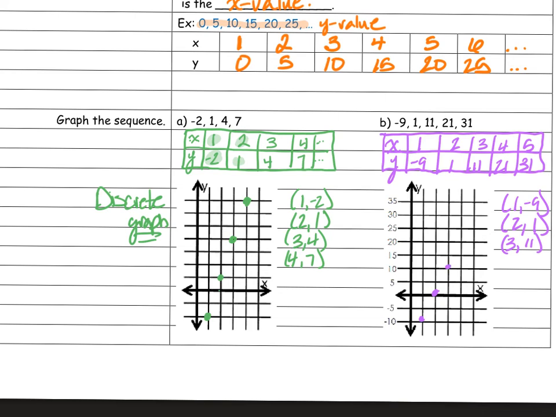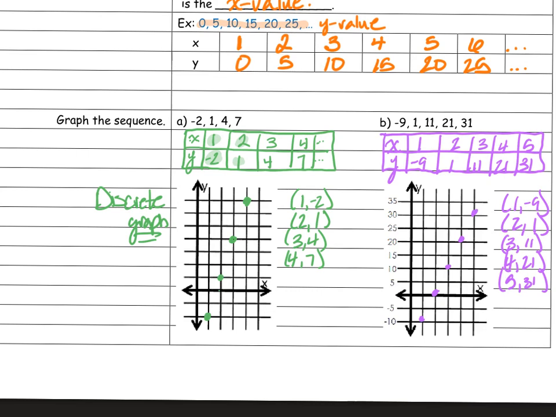And if you notice, my scale is counting by 5s, so that's why I'm just going just above the line. 4 and 21. So 4 and 5, 10, 15, 21. Okay. And then 5 and 31. So 5, 10, 15, 20, 25, 31. And you can see it's roughly a line again.